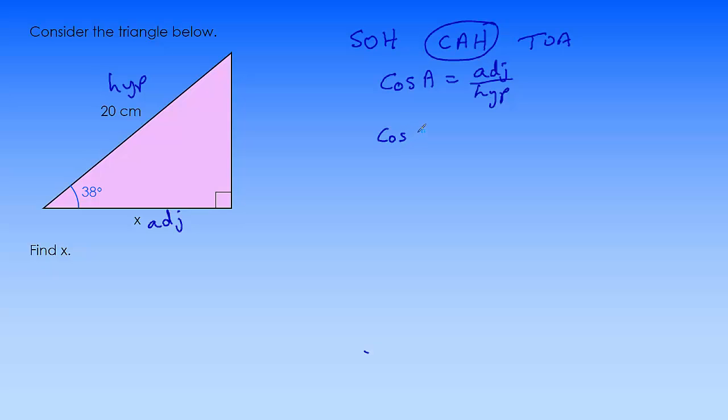Now here we know the angle. The adjacent we're trying to find, the hypotenuse is 20, and rearranging that gives us 20 multiplied by the cosine of 38 degrees, and we just need to calculate that.